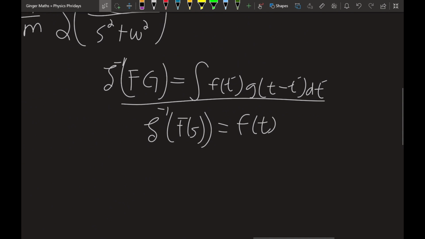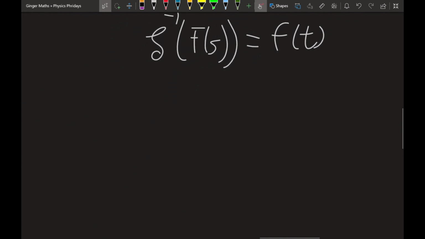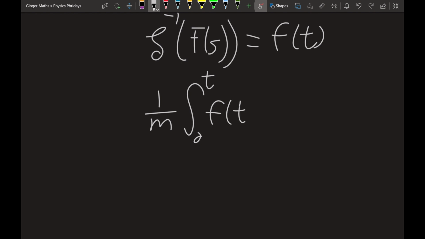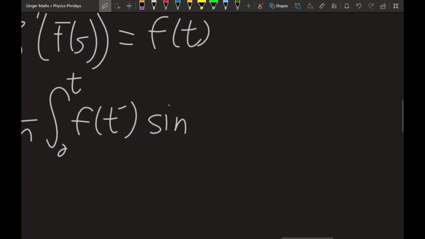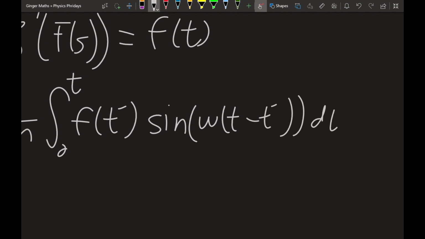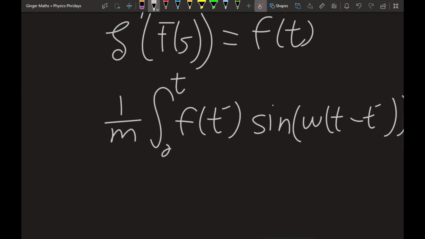So really what we have here, using the convolution theorem, is 1 over m times the integral from 0 to t of f of t prime times the inverse Laplace transform of our 1 over s squared plus omega squared bit, which is going to be sine of omega times t minus t prime, dt prime, and I'm just going to put the omega outside here.